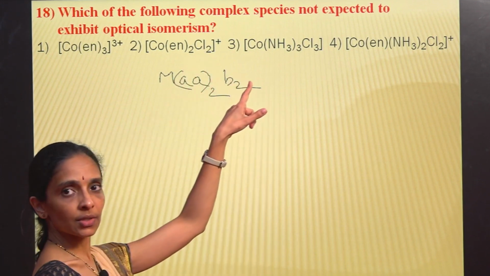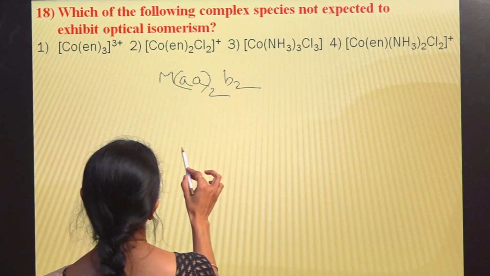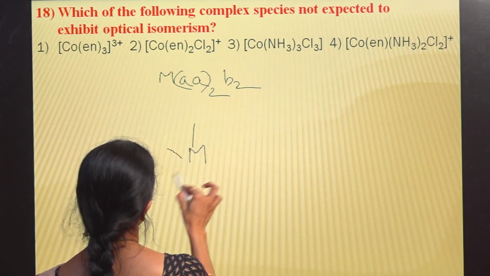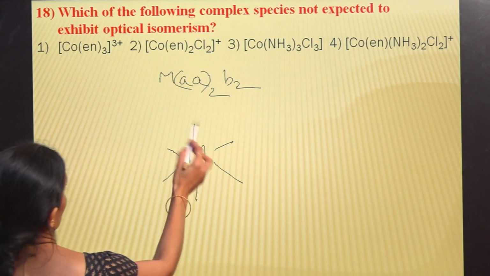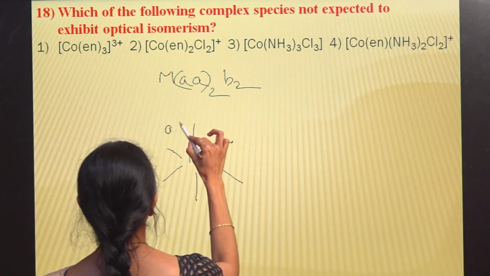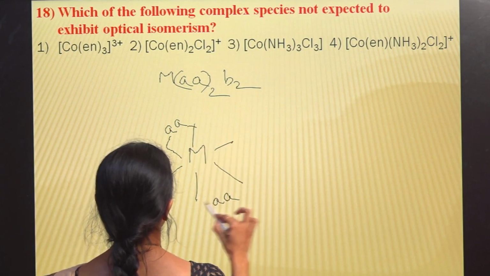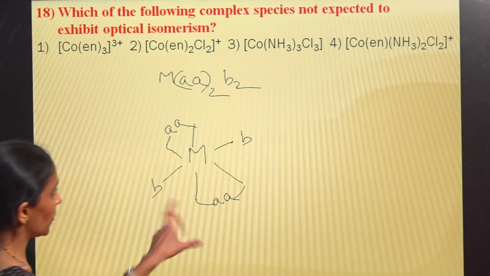Chlorine anna B anta tagondiddene, B2. How do you write its structure? M octahedral complex, okay, and let me write 1 AA here, another AA here, and this is B, this is one more B.